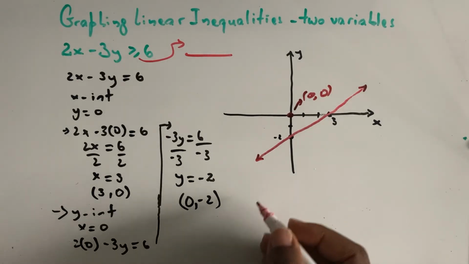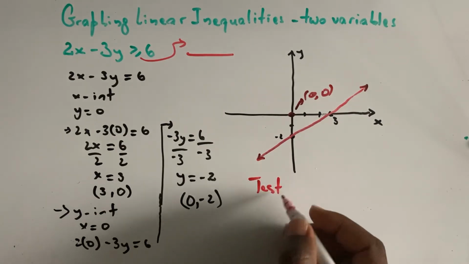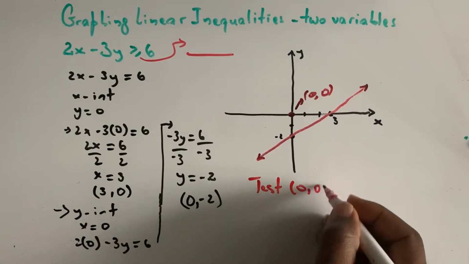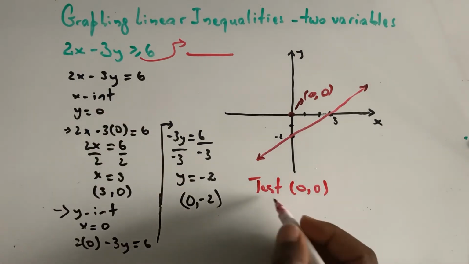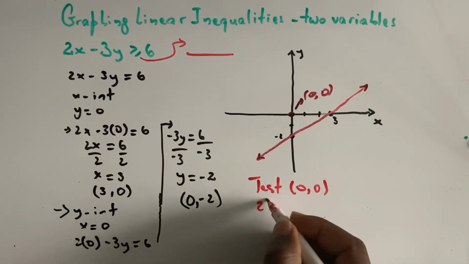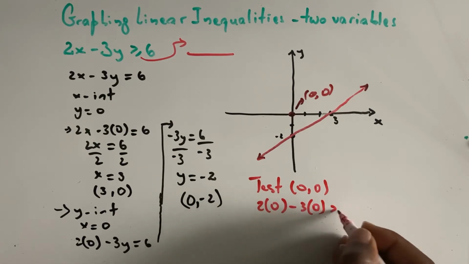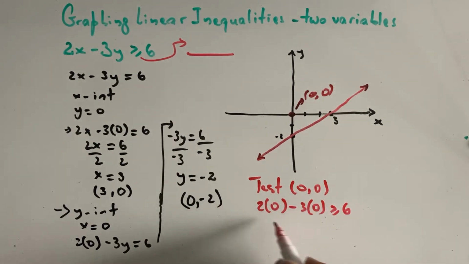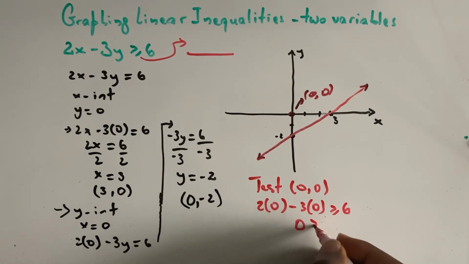So if I use the test point 0, 0, I'll have 2 times 0 minus 3 times 0 is greater than or equal to 6. What I have here is 0. Is it true that 0 is greater than or equal to 6?